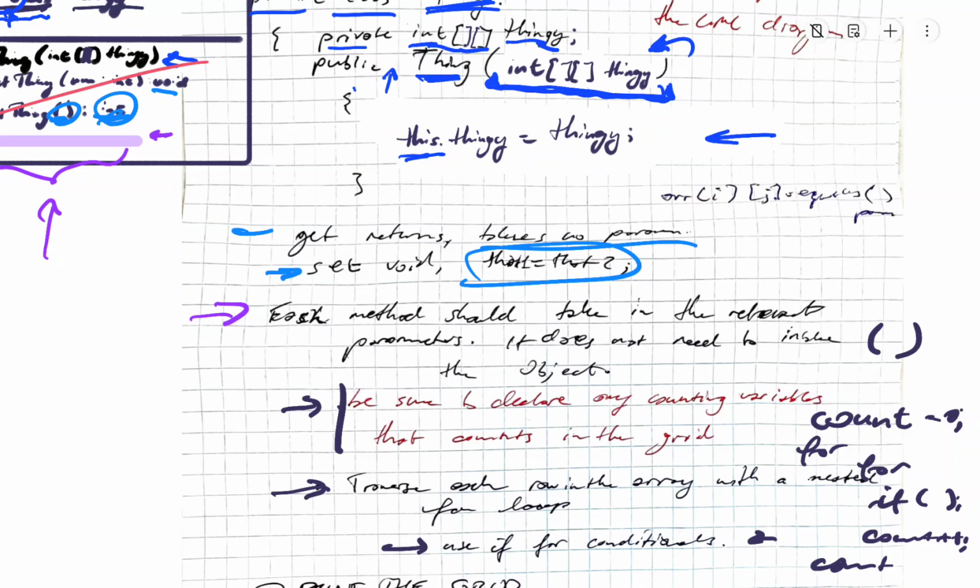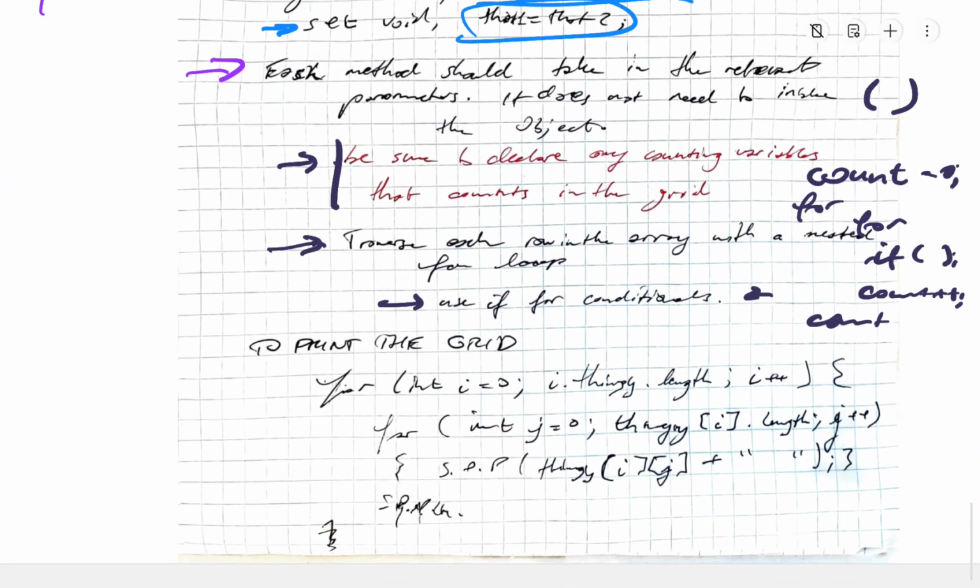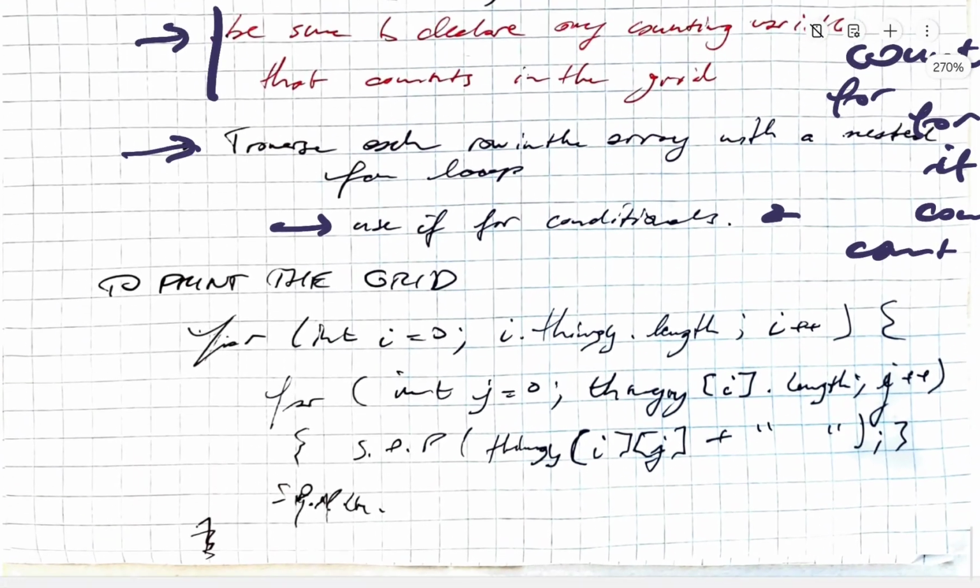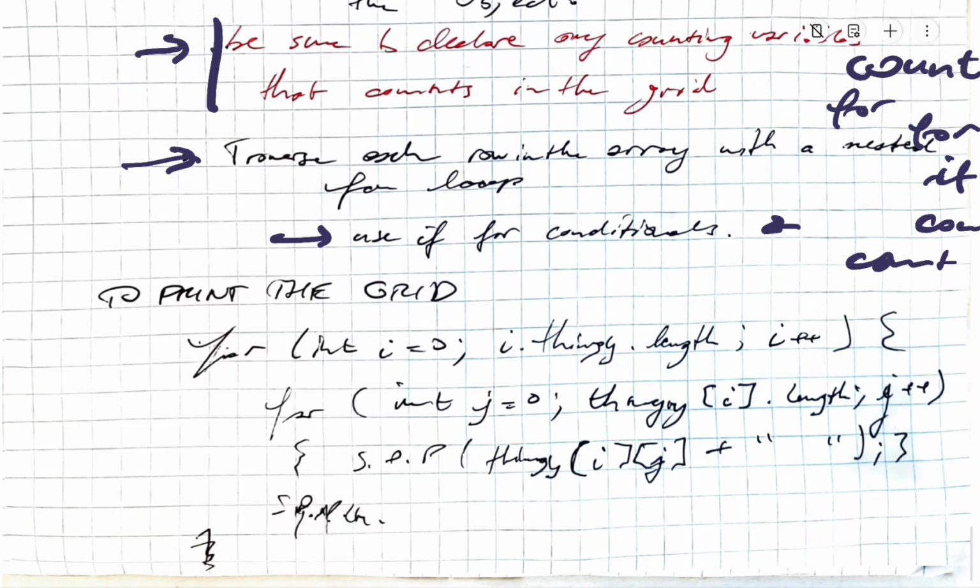Most of these also have a thing where you have to print the grid. So you would have your nested for loop. You would traverse each row, and then within each row. I is less than thingy.length, so the number of rows will be thingy.length.